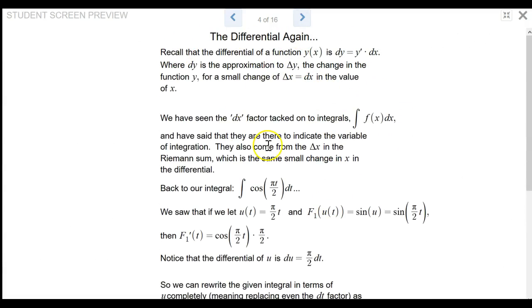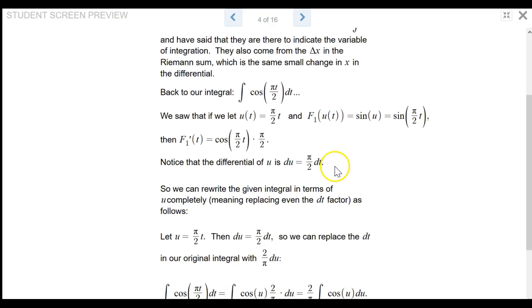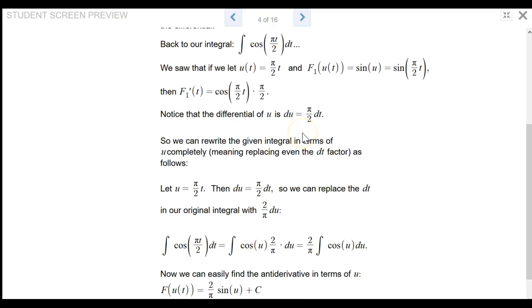So this is where the differential comes in again. That dt that we've seen tacked on here is actually a differential. And if we think of our substitute function u, du, the differential of u, is just the derivative of u of t, which is pi over 2 dt.